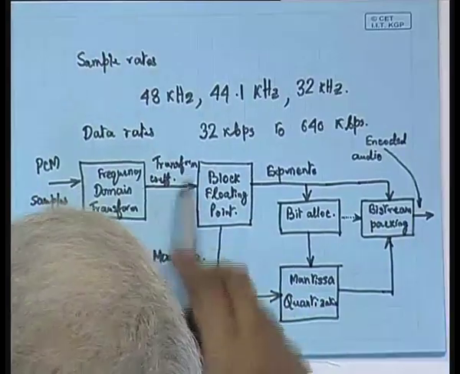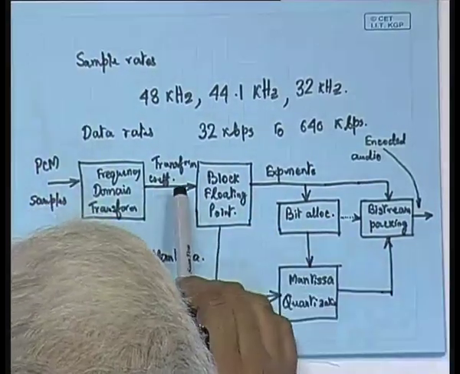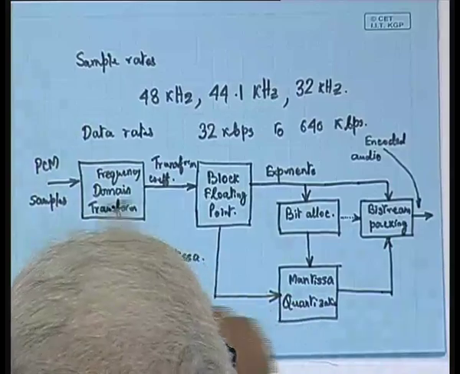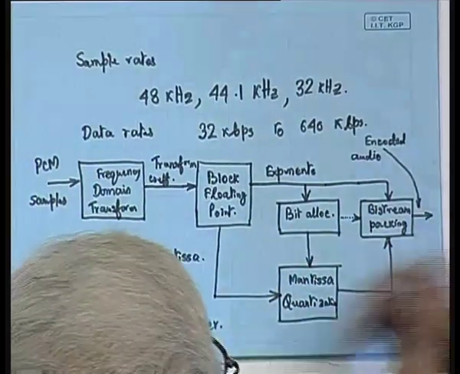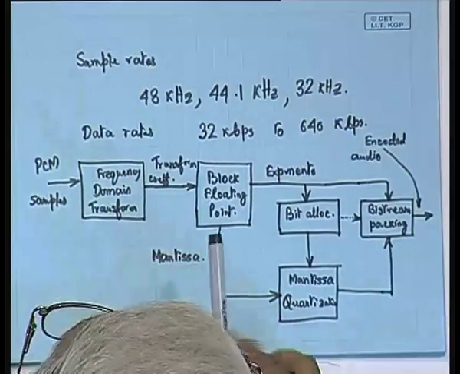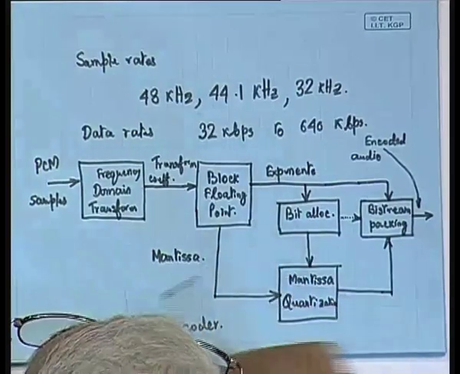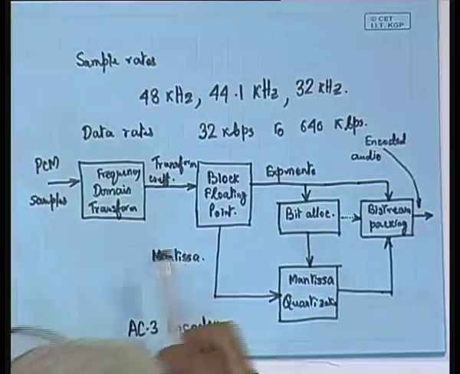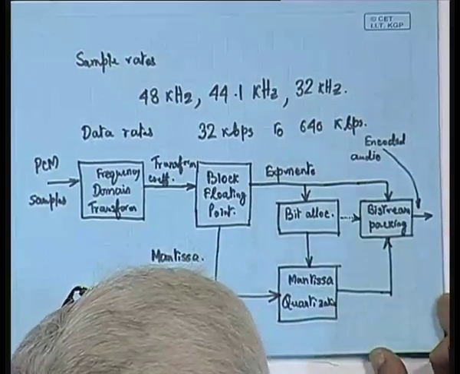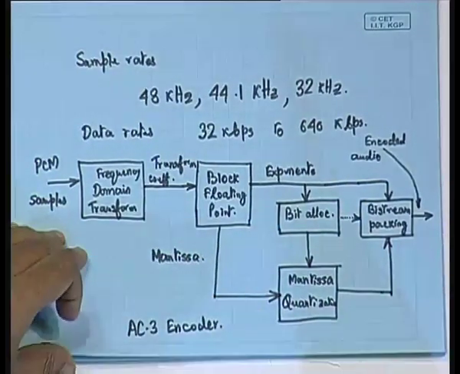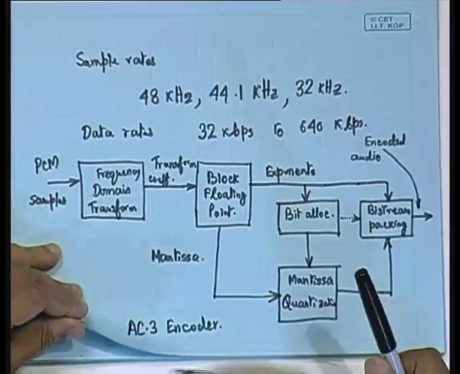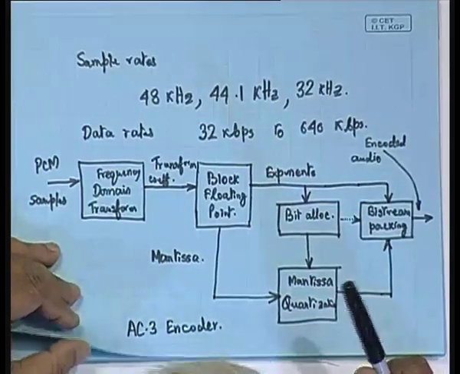So, both types of transforms are considered there, the MDCT as well as the FFT, whereas here this is a single point transformation. PCM samples are converted to the transform domain, and then we act on the transform coefficients, and the masking information is extracted from the exponent part of the signal. That is what makes the feature more advantageous for the AC3.